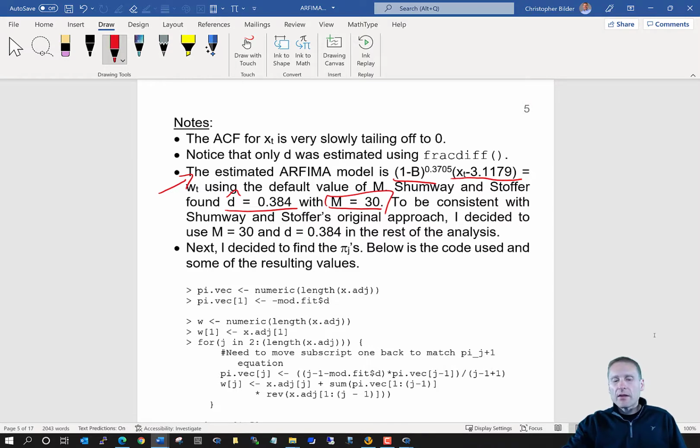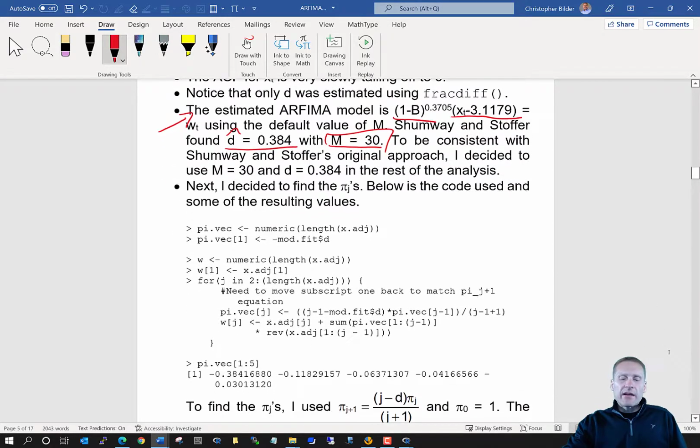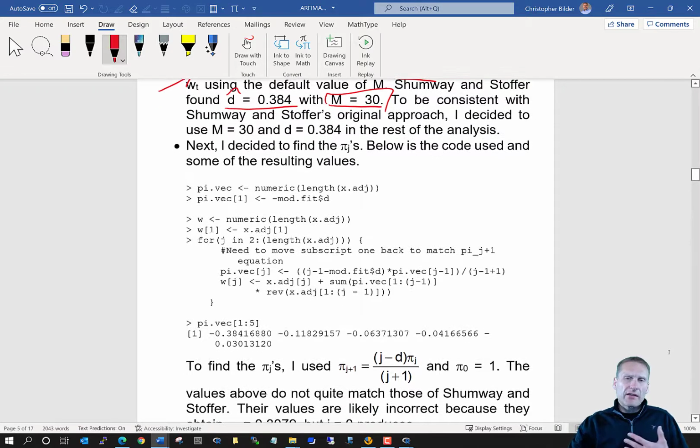Okay. So what I decided to do next was to investigate some of the underlying aspects of these models. And so I thought, why don't we come up with the pi's ourselves? So remember, this (1 minus B) raised to the d-th power can be written as a Taylor series expansion, where the coefficients on the Taylor series expansion are these pi's.